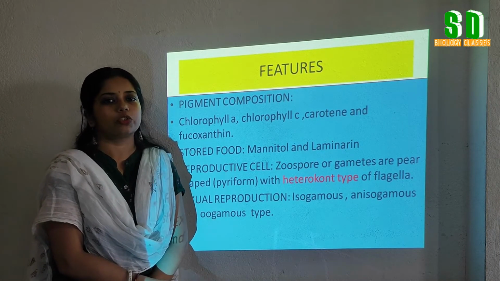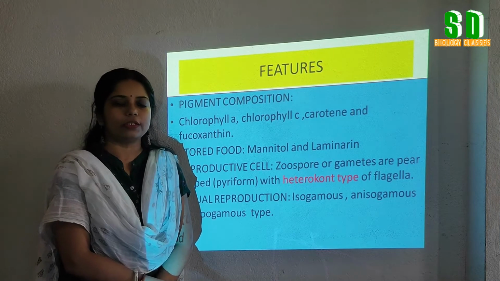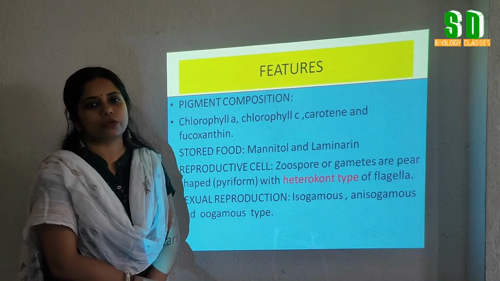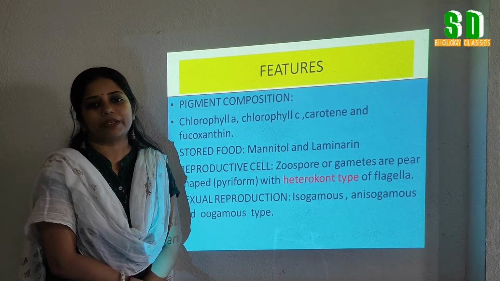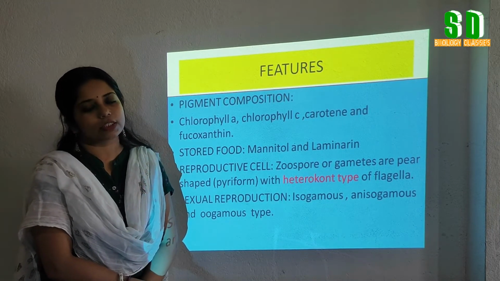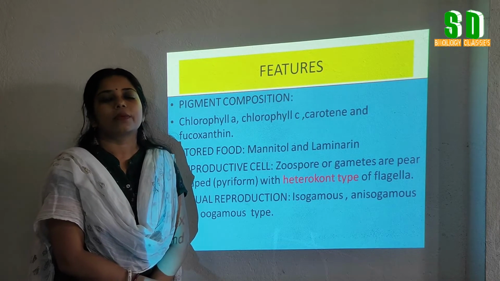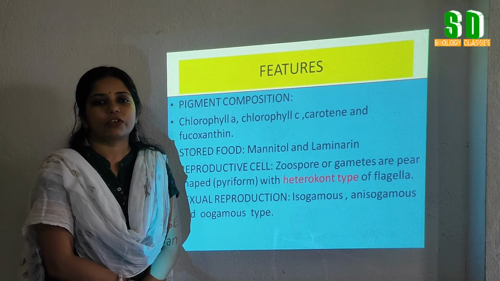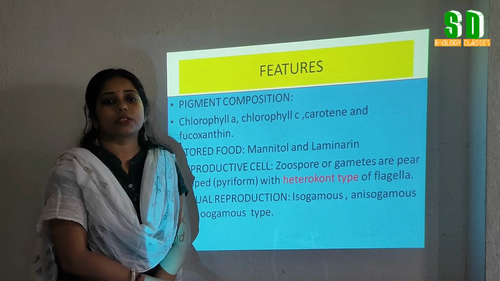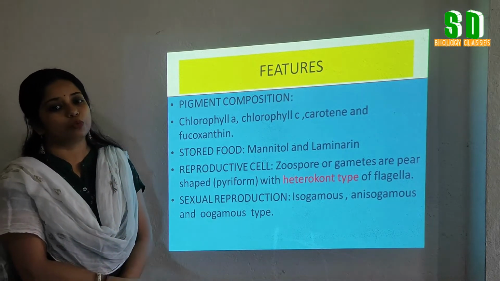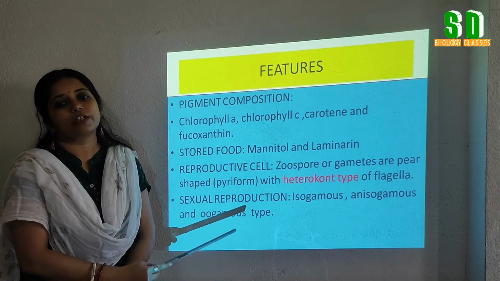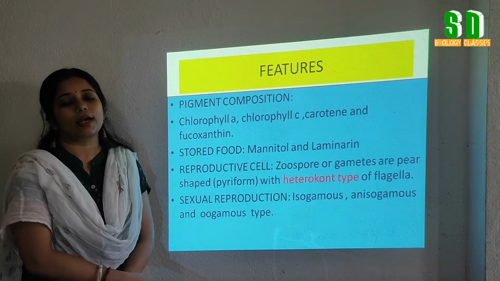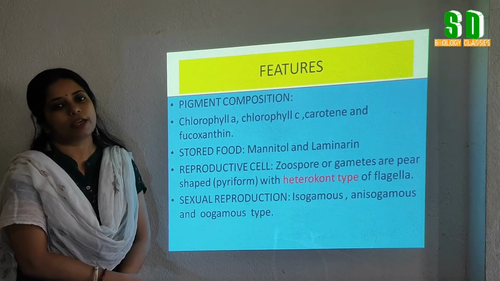Here we can see chlorophyll A and chlorophyll C. In addition to chlorophyll, carotene is present. The carotene is beta carotene. Xanthophyll is also there, and that is a brown color pigment, fucoxanthin. Due to the presence of more of this brown pigment in the cells, PHAEOPHYTA is also called the group of brown algae.